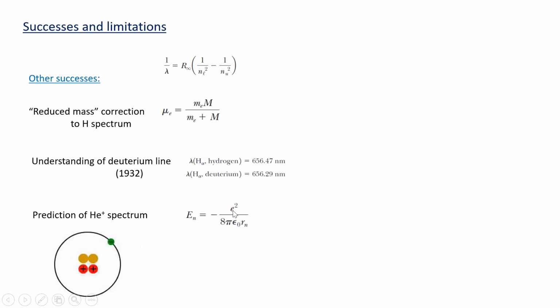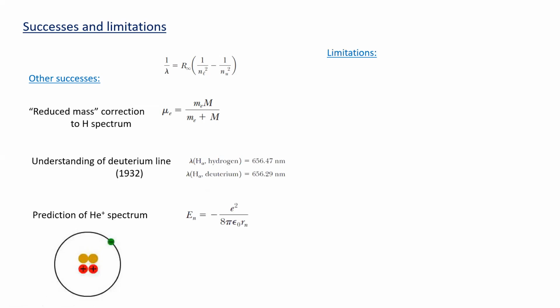So the energies involved in the helium ion are bigger by a factor of 2, and also the nucleus is more massive, and that's going to affect the reduced mass. But taking into account both of those effects, the Bohr model can handle the spectrum of the helium ion.